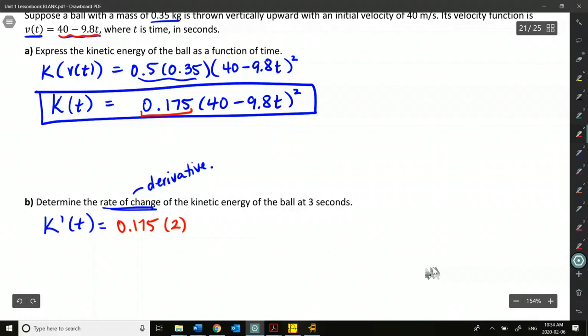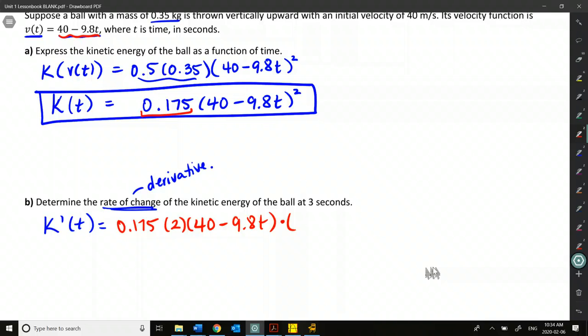You bring the exponent down and subtract 1 from the exponent, so that will leave us with an exponent of 1. We also have to multiply by the derivative of that interior function. If you really want, you can use product rule here, but the derivative of the first term will be 0 anyways, so that part will cancel out. So we're just going to use that as a constant multiple.